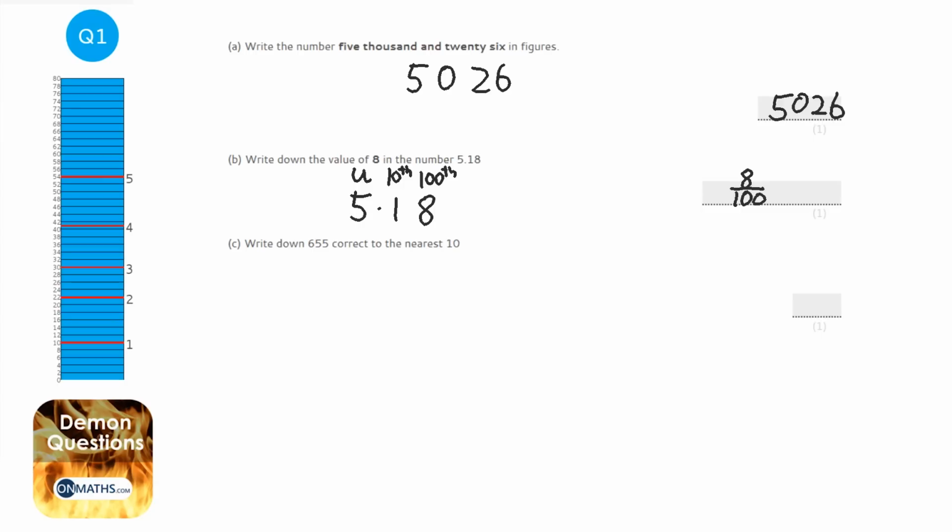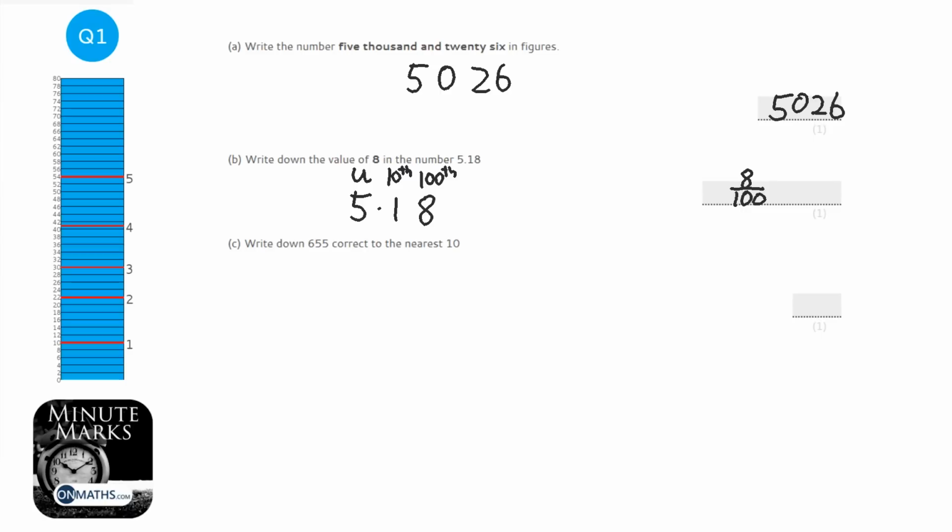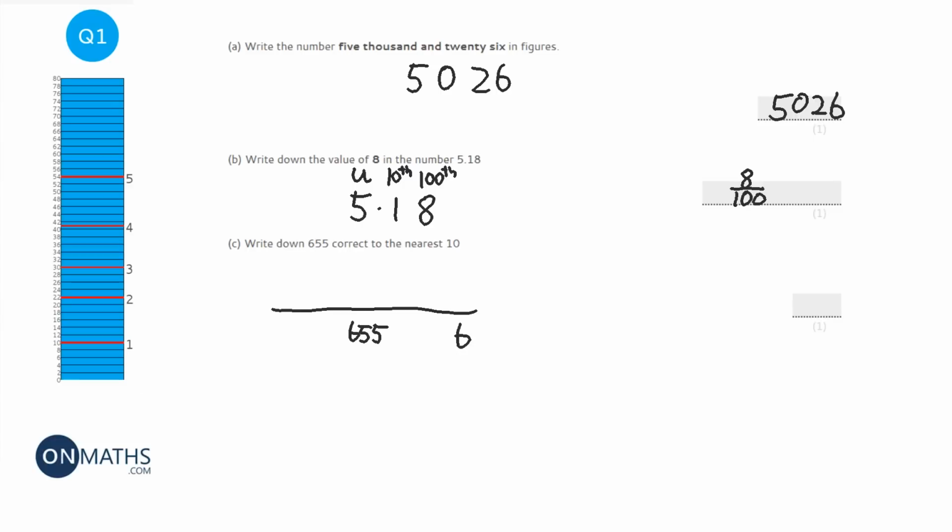And that's the answer. Question C, write down 655 correct to the nearest 10. Okay, so 655, if we just do a quick number line, the next 10 up is 660, and the next one down is 650. So those are the two it can round to.